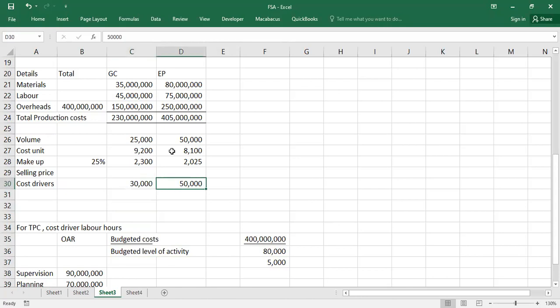Then for EP, it was 50. So therefore, the allocation is such that you get the OAR times the level of activity. So for GC, total production cost, you add all the costs under each. Okay. So selling price, cost plus markup. You get the selling price.